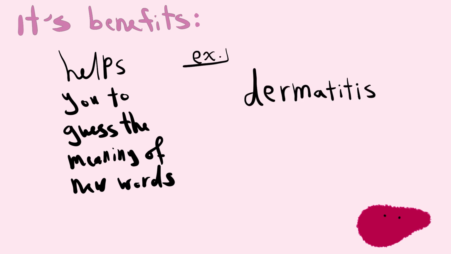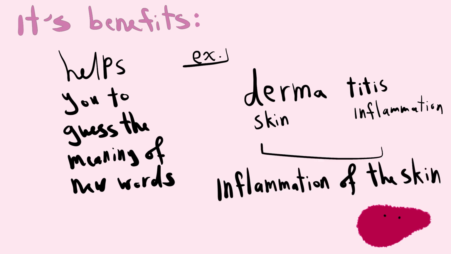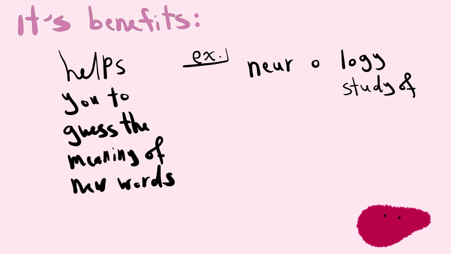For example, dermatitis. If we break it down to its parts, the suffix itis means inflammation and the root derma means skin. The word means inflammation of the skin. Neurology. If we break it down, the suffix logy means the study of and neur means nerve.